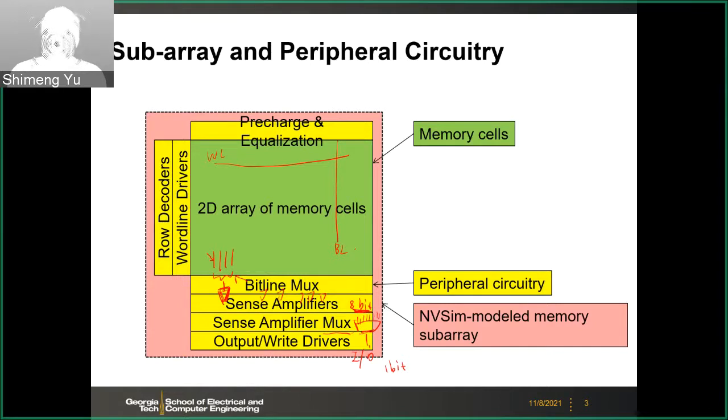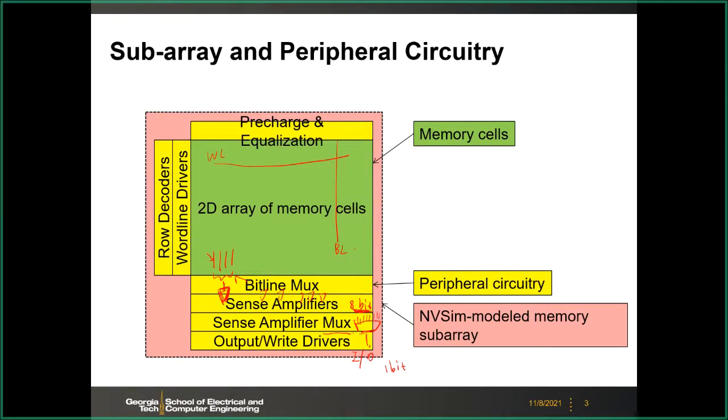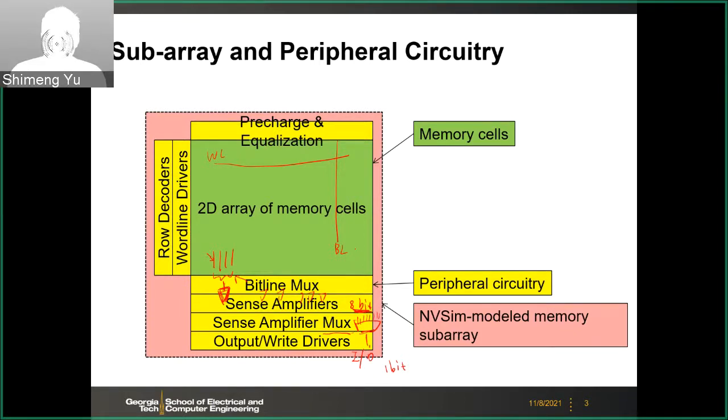Then you may need another driver. And you know a driver is an inverter, right? So a CMOS inverter will drive the signal with capacitive loading, like your wires. So here is the generic peripheral circuits for the subarray.